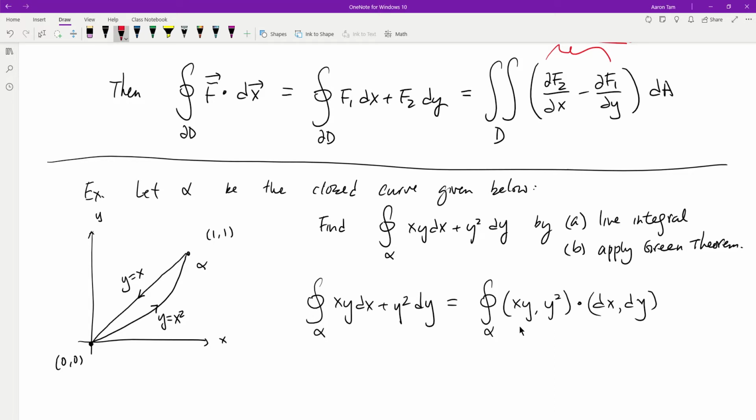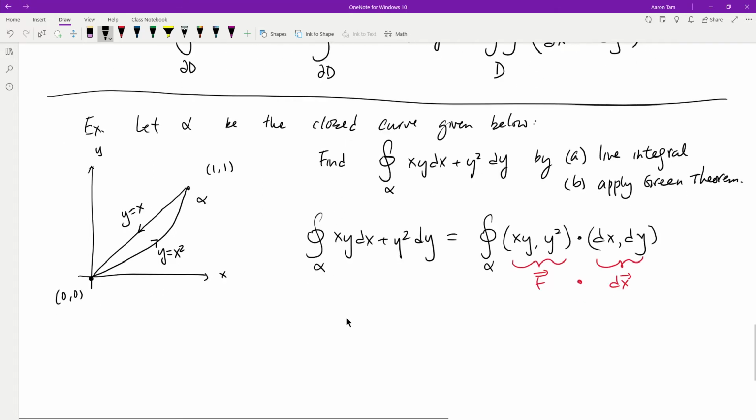In this expression, this is my vector F, this is my d vector x, and we have a dot product between them. So make sure you understand how to read the questions. As a matter of fact, written this way, xy dx plus y squared dy, I actually did the dot product for you already. I'm trying to be nice.